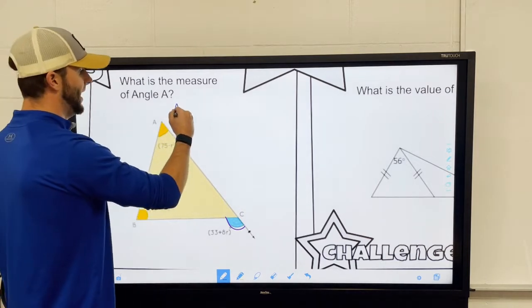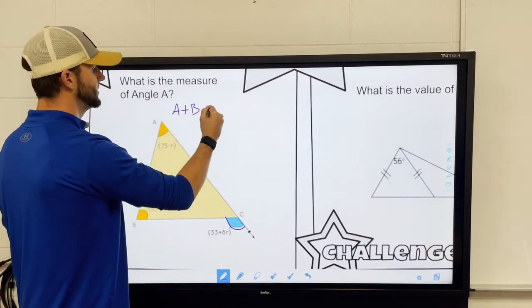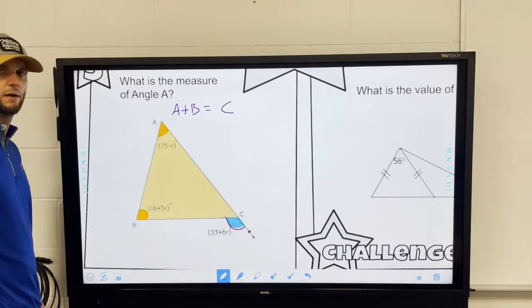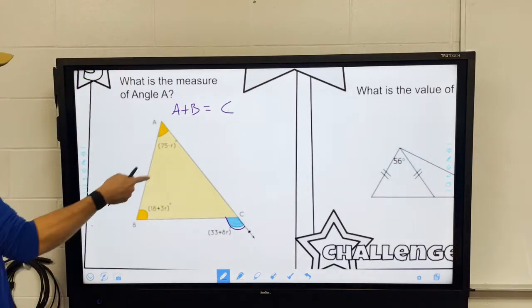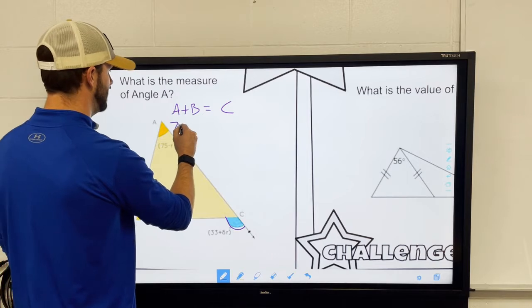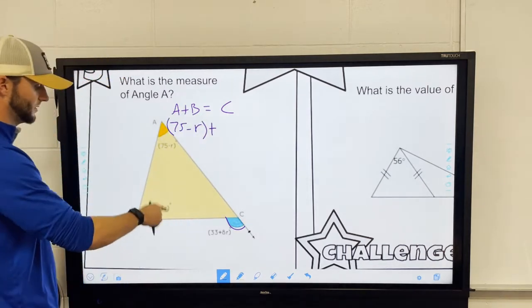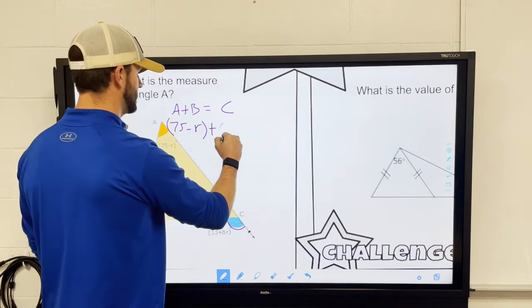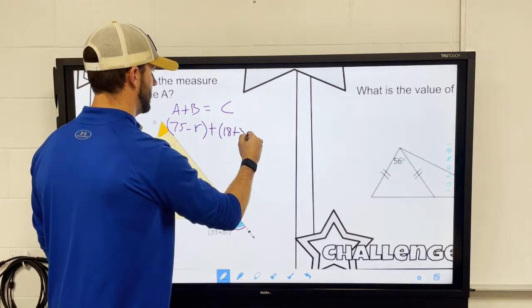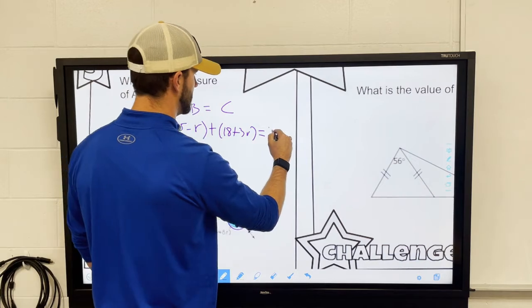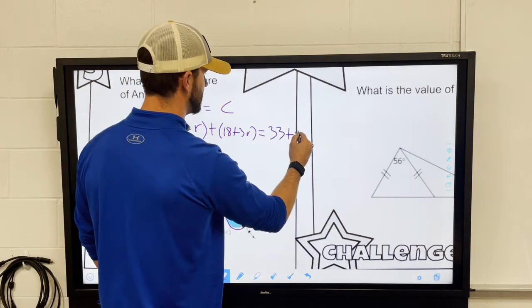So I know angle A plus angle B is going to end up equaling angle C. And so now I just need to plug in what I know. So angle A is going to be 75 minus R. Angle B down here is going to be 18 plus 3R. And then angle C down here is going to be 33 plus 8R.